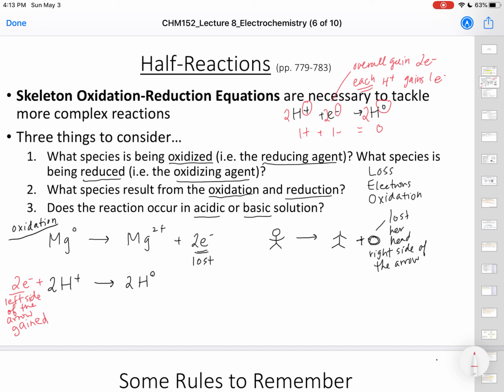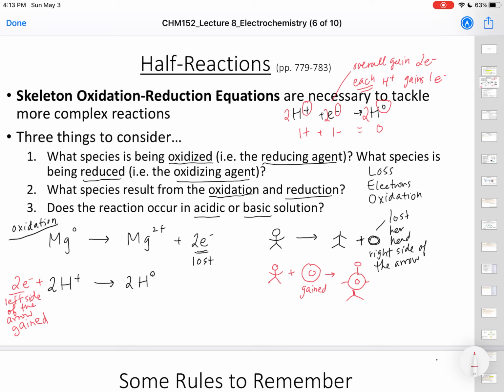Again, I have a little cartoon to remind you of how to remember this. If you had Dr. Chang and she ate a donut, what happens when you eat a lot of donuts? You become a large Dr. Chang, right? So this donut is being gained by Dr. Chang.